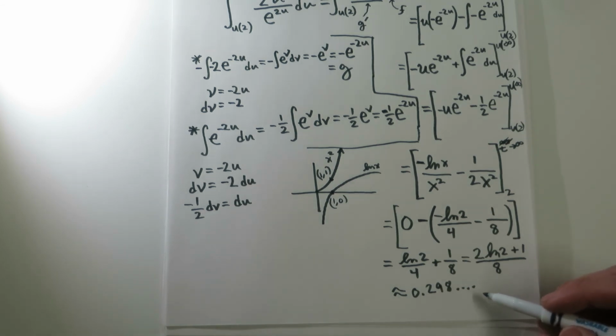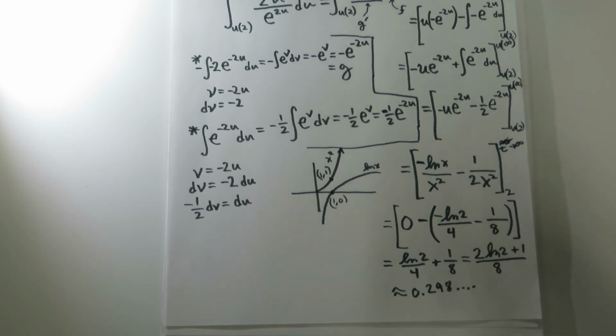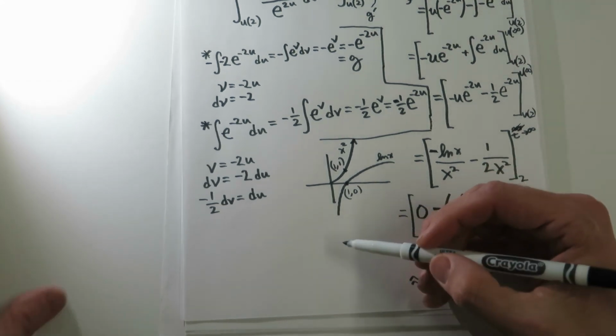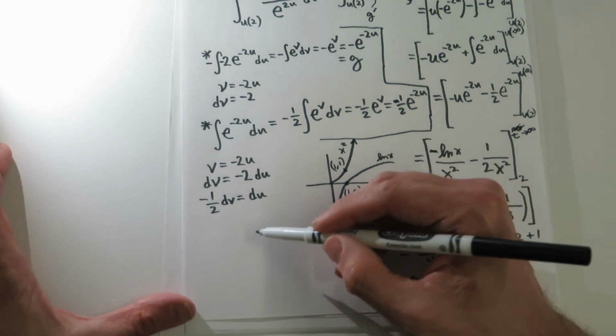So it's important to note that this is not the value of the series that we started with. This is the value of the integral. But because the integral converges to some finite value, we know that our series is also going to converge. So there, and then we have a little bit of real estate here. Let's just write the series that we started with.